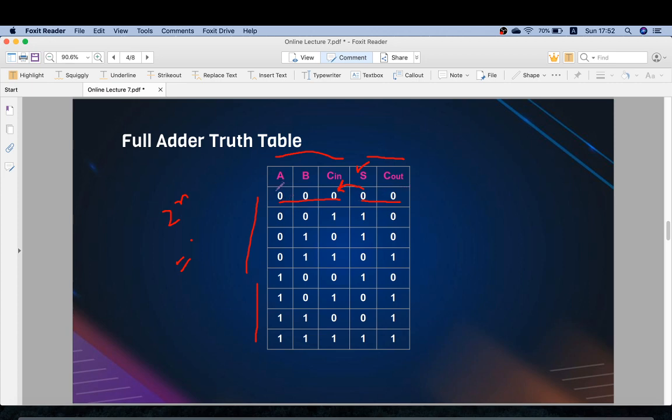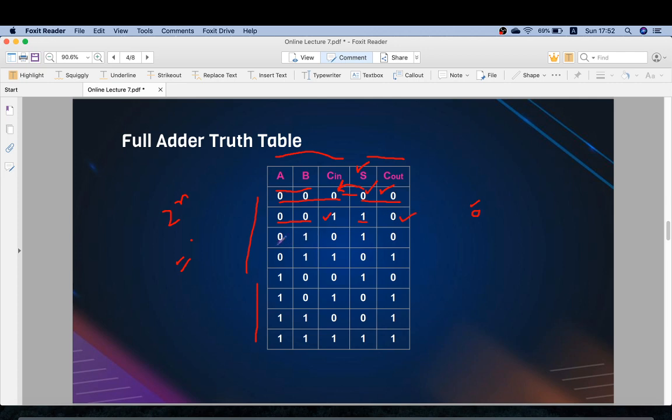So let's start. 0 plus 0 is equal to 0, and then 0 plus 0, it's 0. Now 0 plus 0 is equal to 0, and this 0 plus the carry in, 0 plus 1 is 1. So what will be the carry? The carry is also 0 because no variable is remaining there.